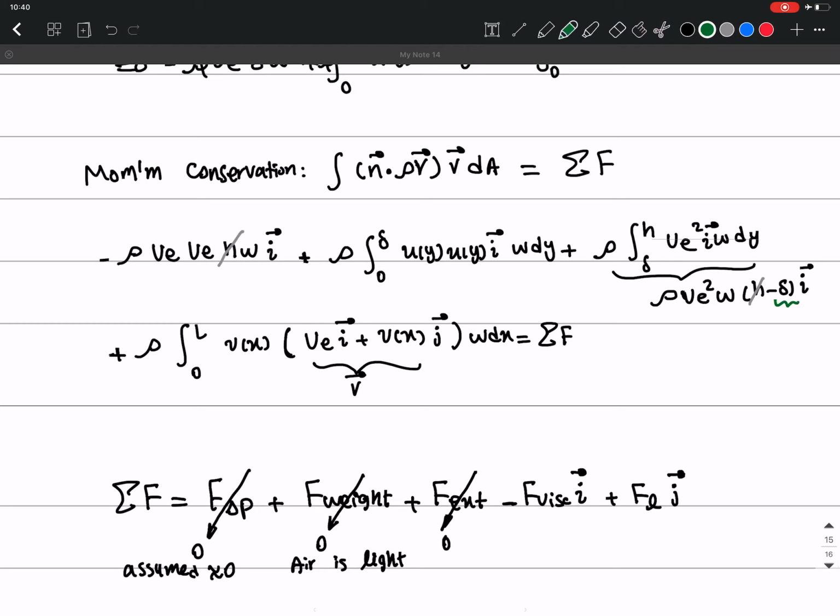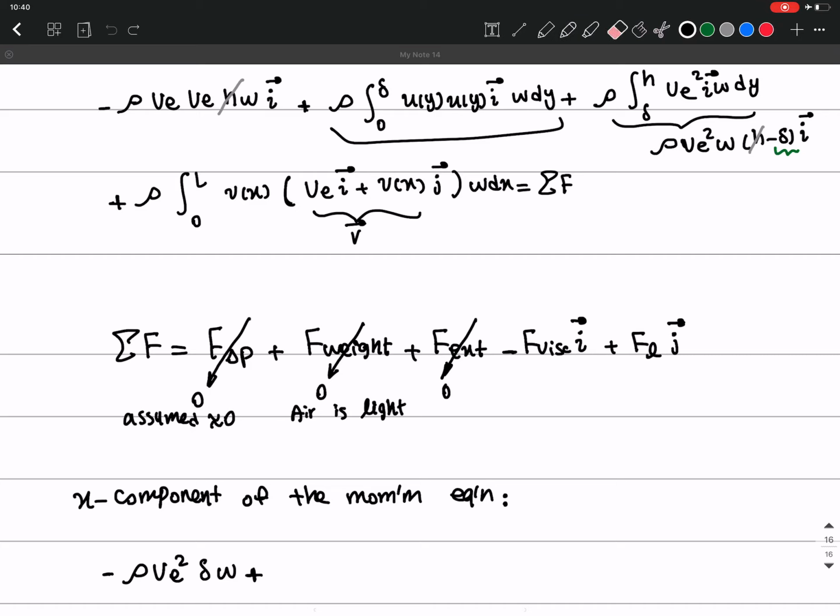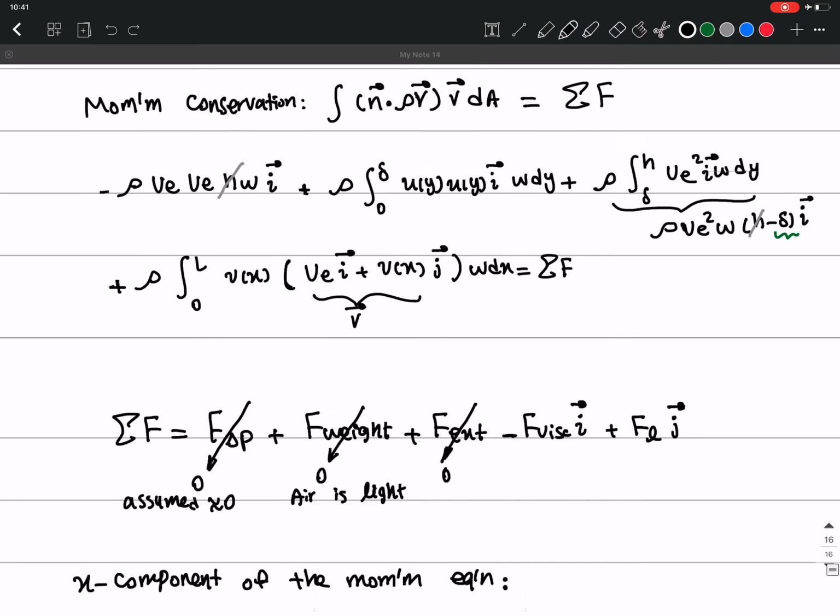the second one is here. So it's rho W, integral 0 to delta of uy square dy, and then the third term is this term in the x direction.